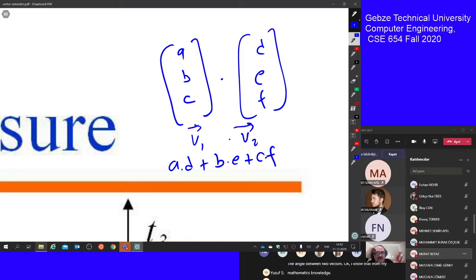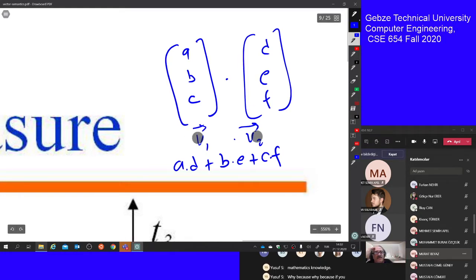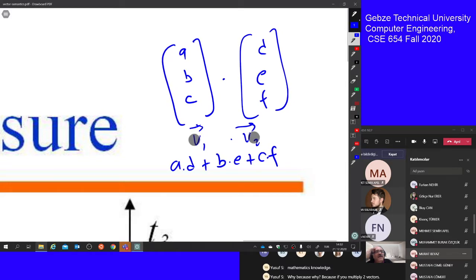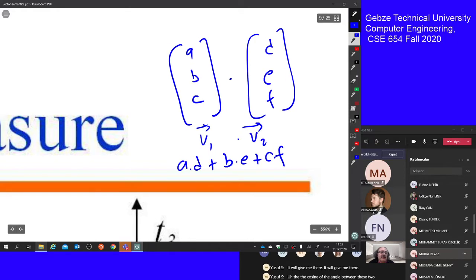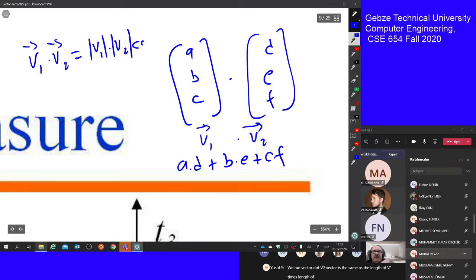Because if you multiply two vectors using the dot product, it relates to the cosine of the angle between them. The v1 vector dot v2 vector is the same as the length of v1 times the length of v2 times the cosine of the angle between these two vectors.